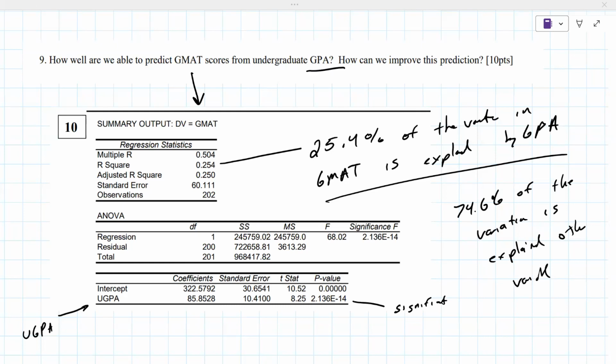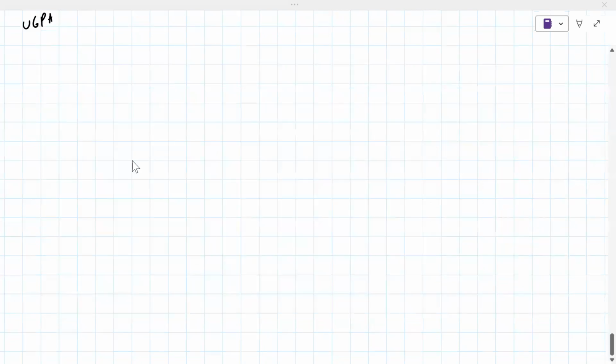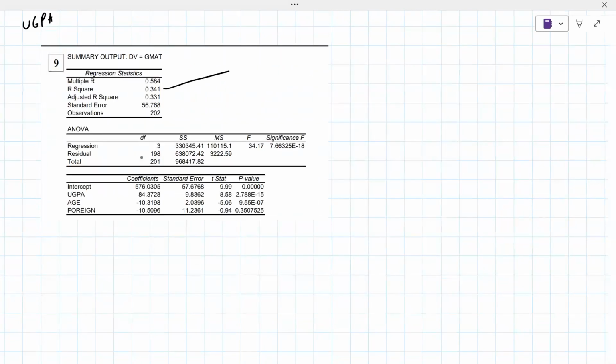Output 9 has the same dependent variable, but it includes more inputs. And you can see immediately that the R squared value went up. It's now 34.1%, which is better than the 25%, but it includes two more variables.